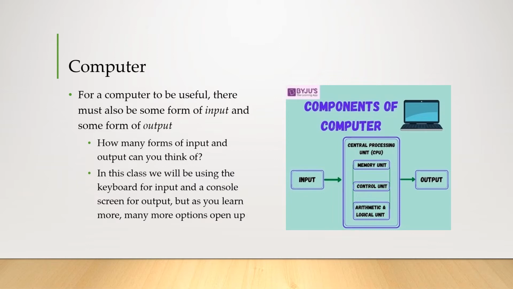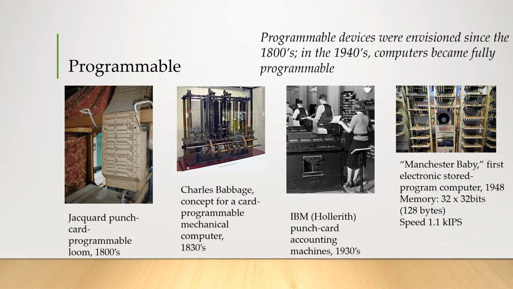Okay, finally, the last word that we attached to our computer: we had binary, digital, electronic, programmable computer. The first mechanical computers that I showed you several slides ago were not programmable.